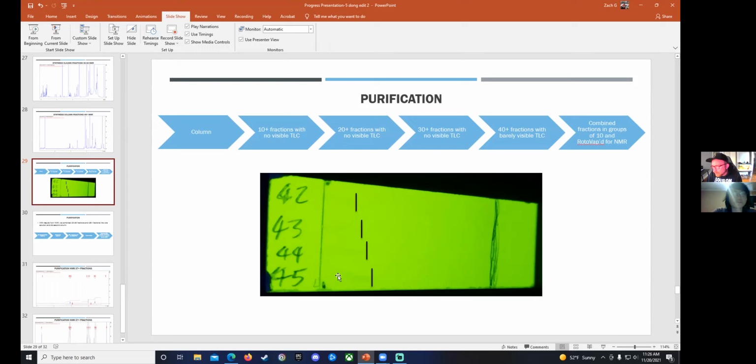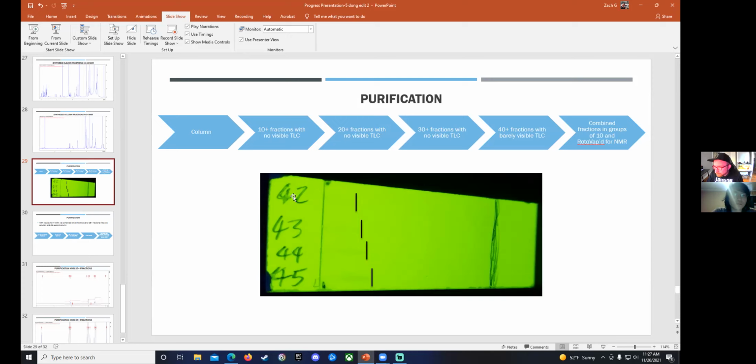You can kind of see it here and here, but I put these lines just to indicate where the top of the peak was. But the peaks were not clear enough for us to actually draw a good outline of the TLC. It just wasn't strong enough. But we were at least seeing something.